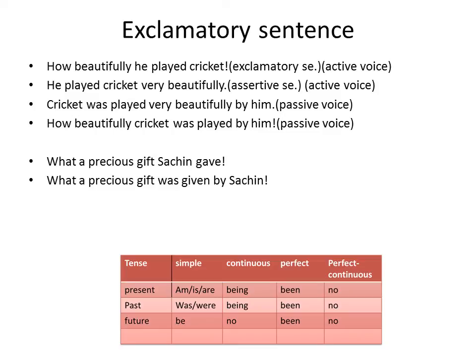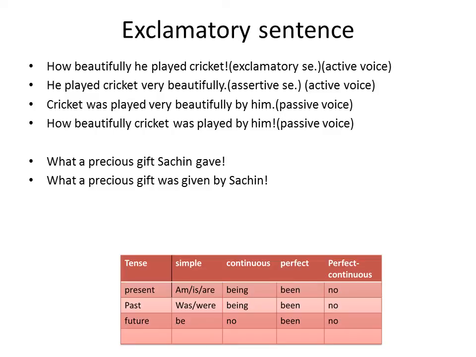What a precious gift Sachin gave. Here I have directly converted the sentence from active into passive voice: what a precious gift was given by Sachin. It will be the passive voice of the sentence. How have we done that? What a precious gift Sachin gave.